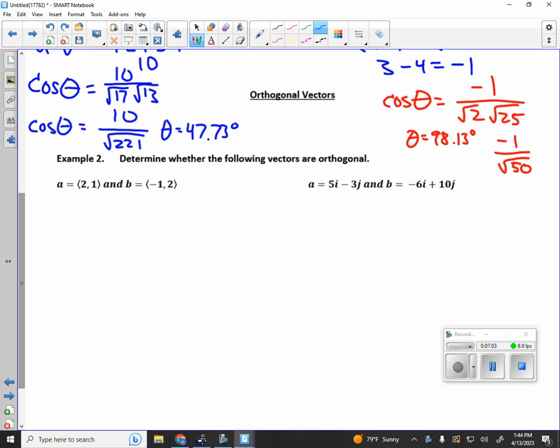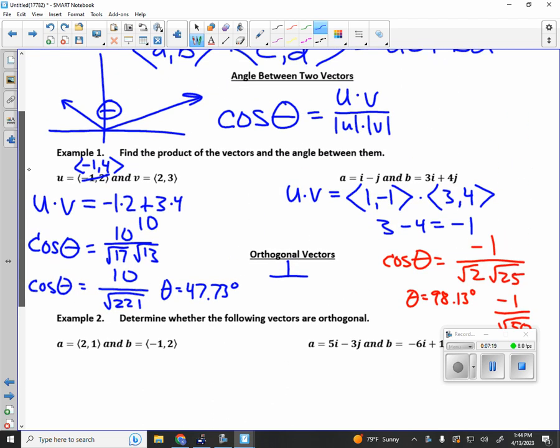So orthogonal was used with the altitude because those are 90 degrees. So orthogonal means perpendicular. Now let's think about perpendicular. Perpendicular is 90 degrees. What is the value of cosine at 90 degrees? It is 0. So when this thing is equal to 0, the angle will be 90. When is a fraction equal to 0?